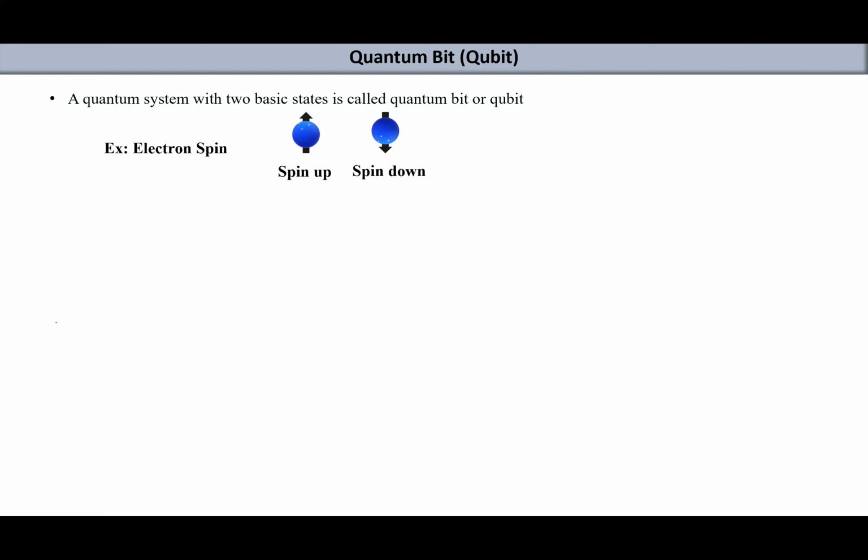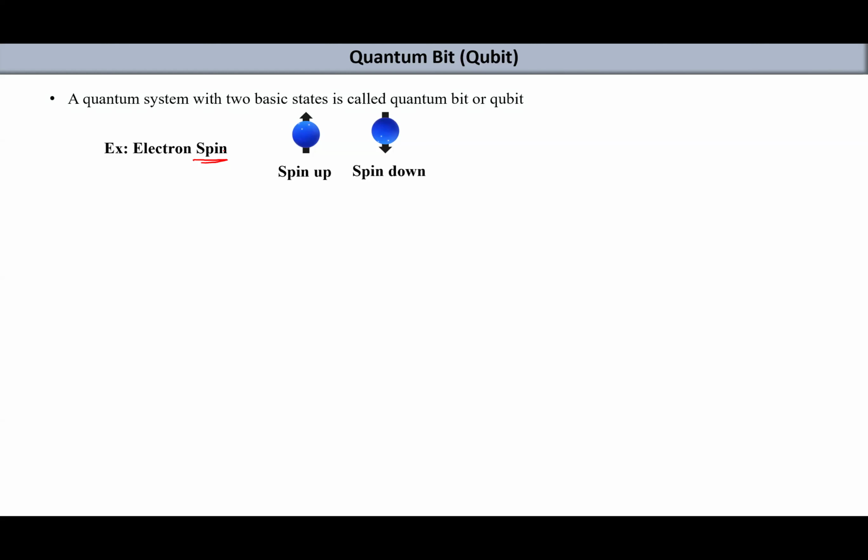In a quantum system, we can use the quantum states to create a bit. For example, in the case of a spin, I can use spin up and spin down. These two act as a bit, but they are quantum bits. So we call them a qubit.